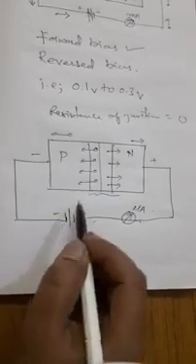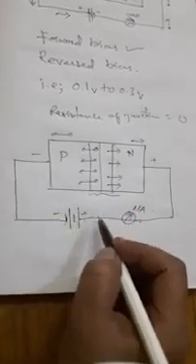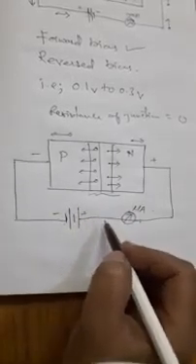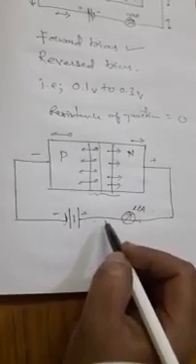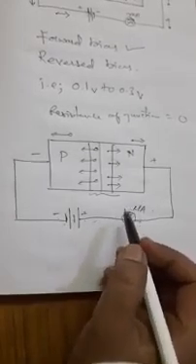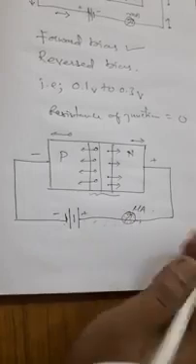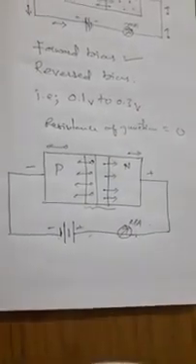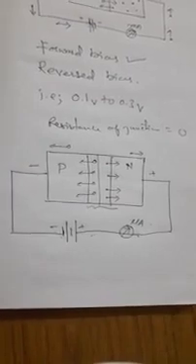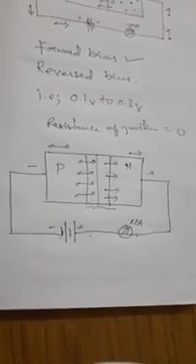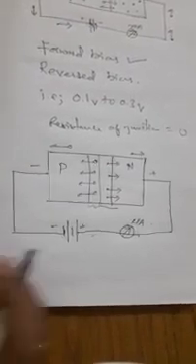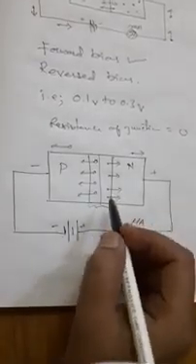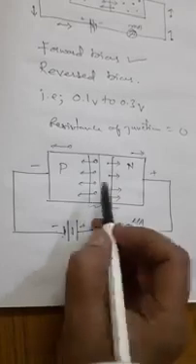And the holes will be attracted to the negative terminal of the battery. So the applied reverse voltage establishes an electric field which acts in the same direction as the field due to the potential barrier. Therefore, the resultant field at the junction is very strong, and the junction barrier is increased. The increased potential barrier prevents the flow of charge carriers across the junction.